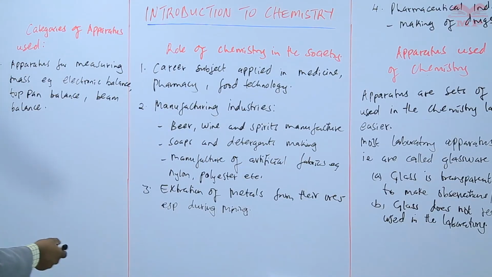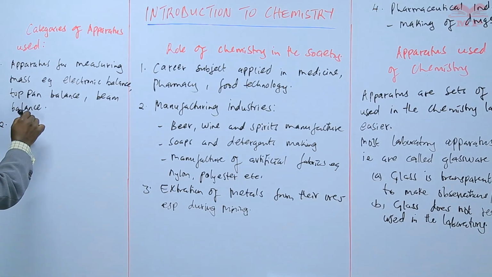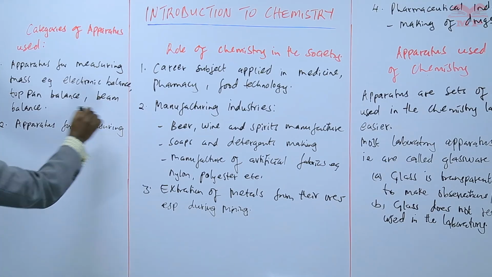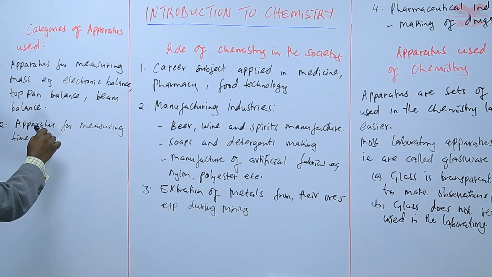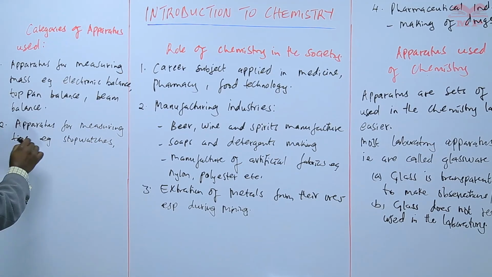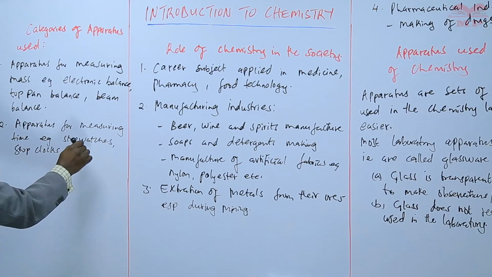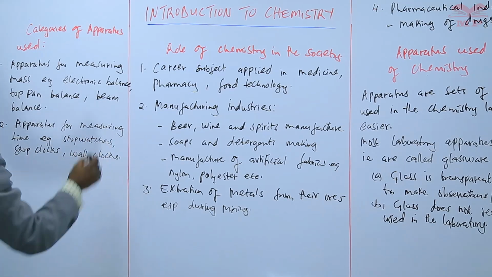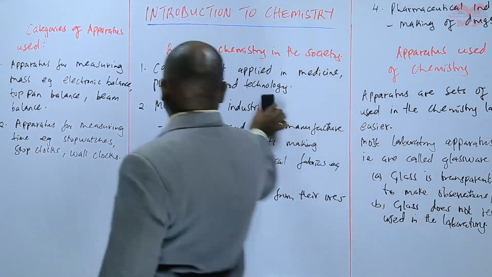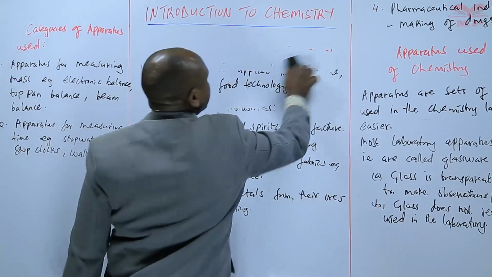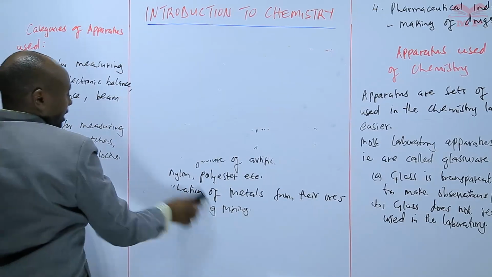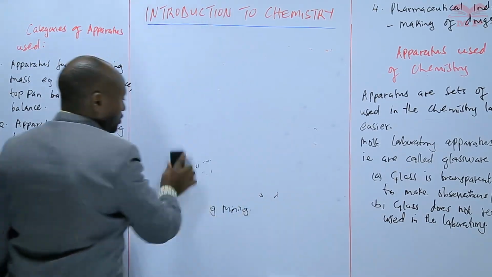We also have the apparatus for measuring time. We have e.g. stopwatches, stop clocks, wall clocks, and so on and so forth. So for example, we can have a diagram showing a stopwatch.